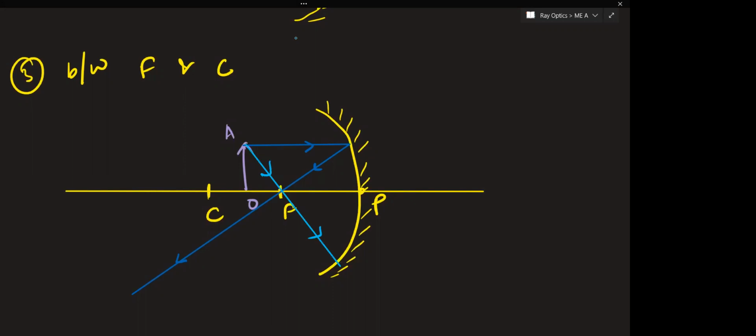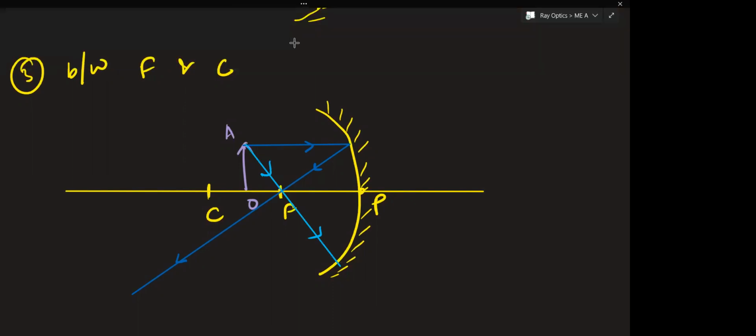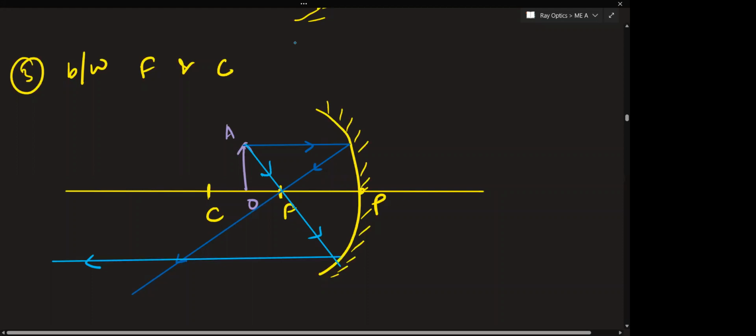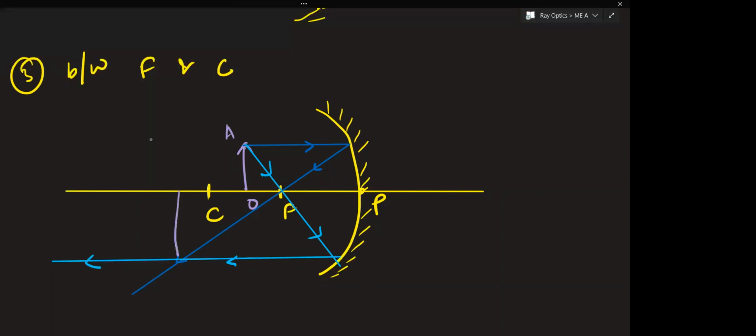If it passes from the focus, then this will become parallel. And at this point you are obtaining an image when you draw. This is O dash, A dash.